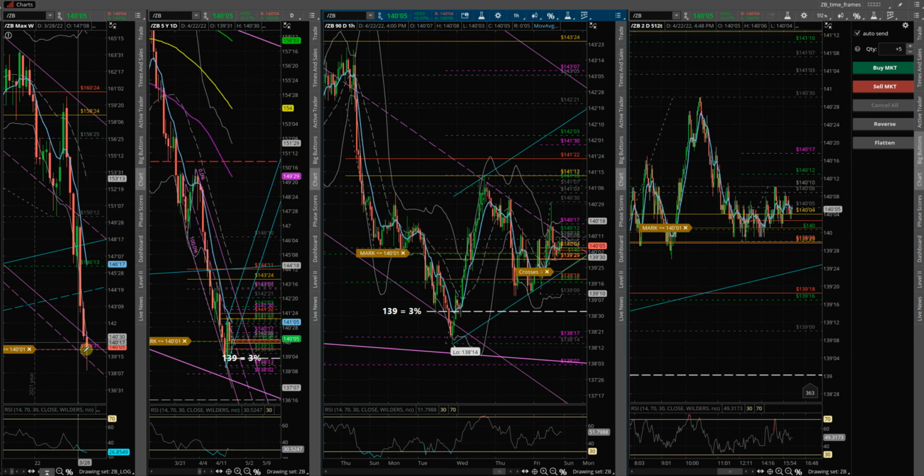So again, all of the reasons: punching out of the purple weekly log scale channel, punching out of the hourly and daily wave 3 channel, hitting 618 targets on multiple time frames. This 618 target was for this wave 5.